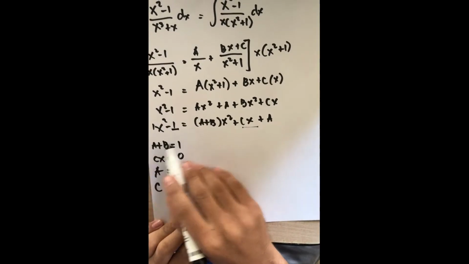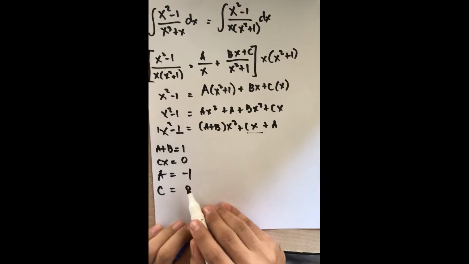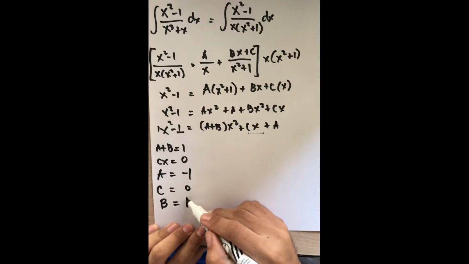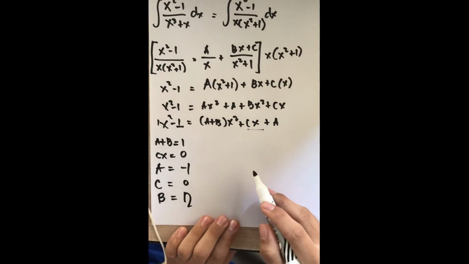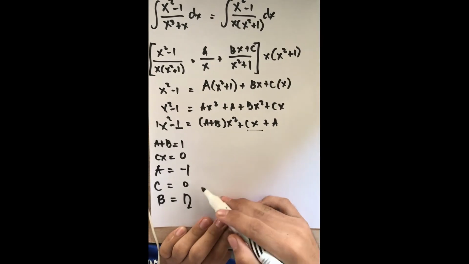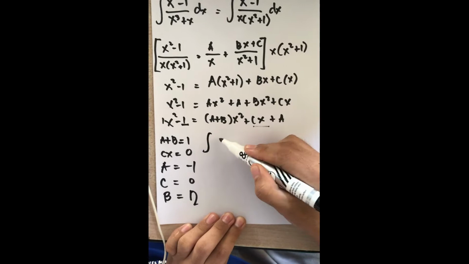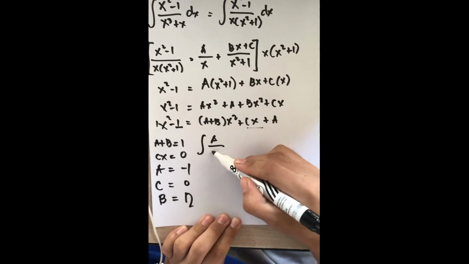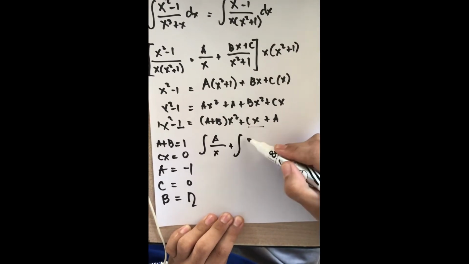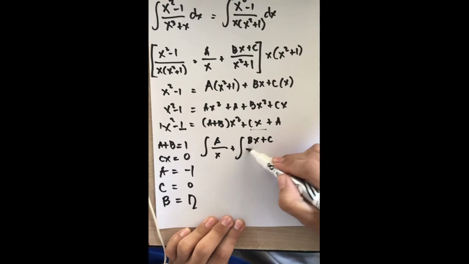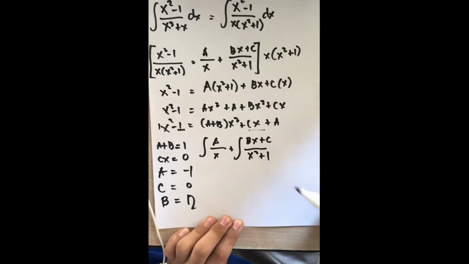Since cx is equal to 0, it means that c is equal to 0. A plus b is equal to 1, so b is 2. Substitute into a over x plus (bx plus c) over (x squared plus 1).